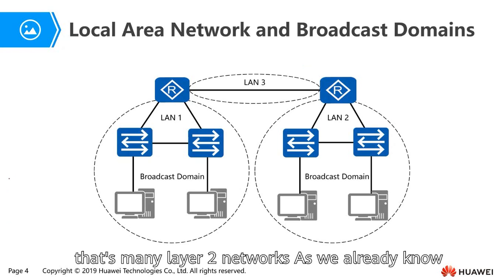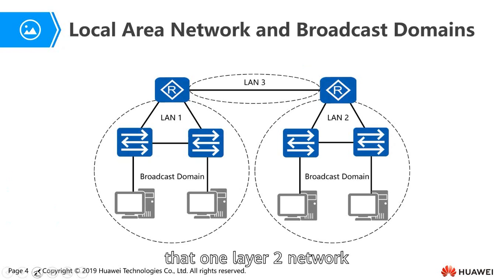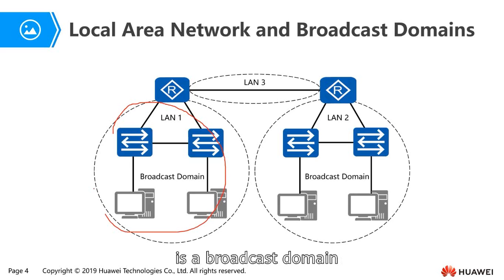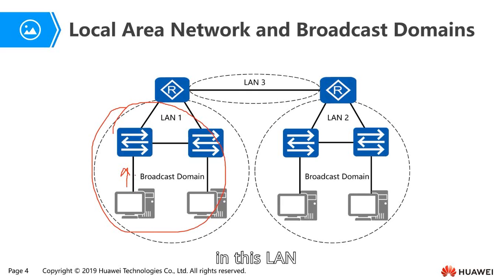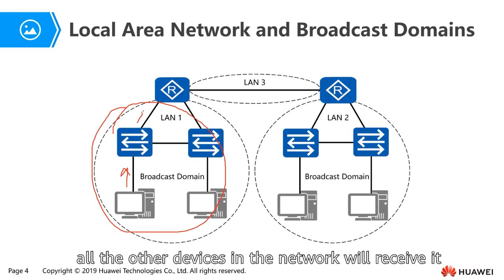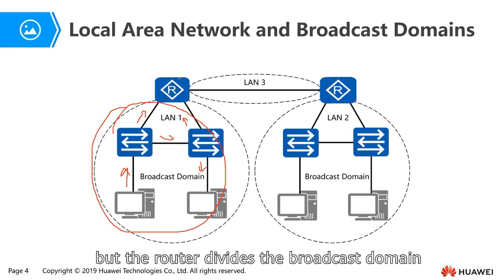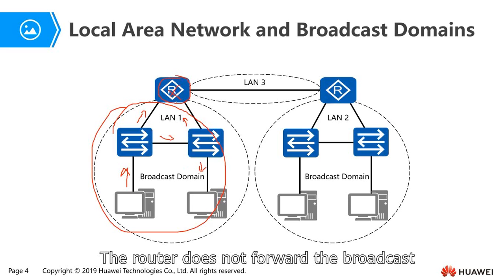As we already know, one layer 2 network is a broadcast domain. That means when one device sends a broadcast in this LAN, all the other devices in this network will receive it. But the router divides the broadcast domain. The router does not forward the broadcast.